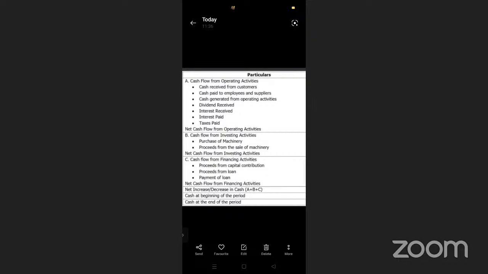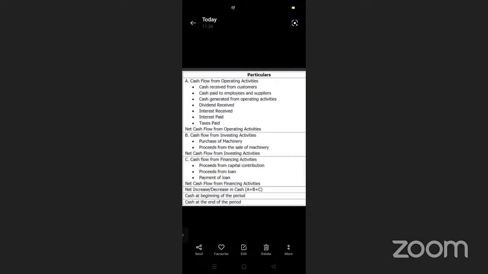Cash and cash equivalents means cash in hand, cash at bank, and short-term securities. If you add that to the increase or decrease in cash, you should automatically get the cash and cash equivalents at the end of the period. That is called the cash flow statement.